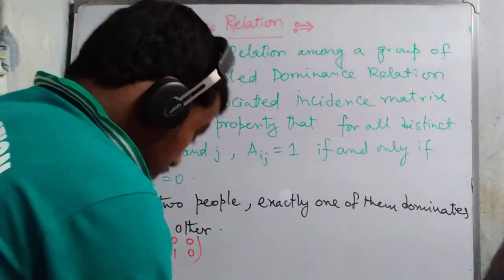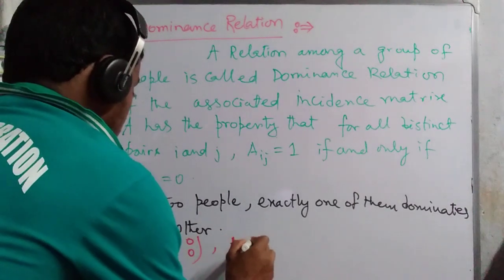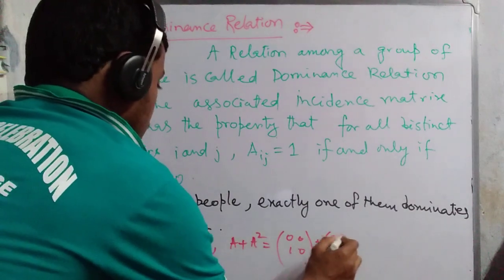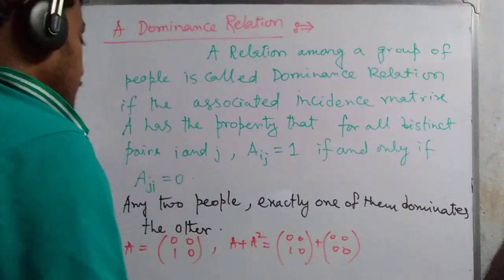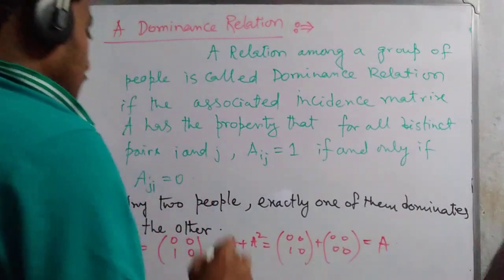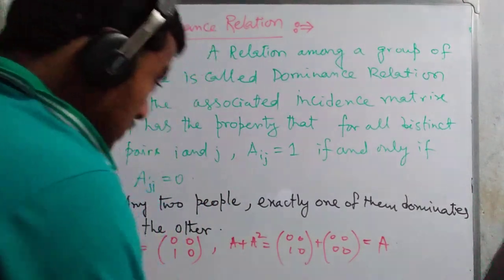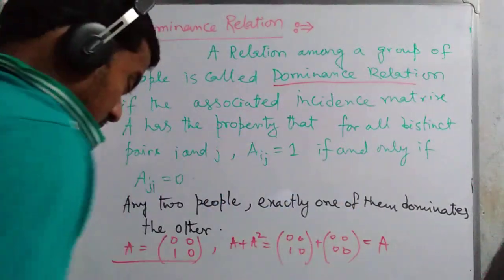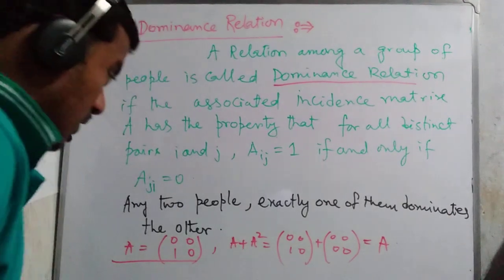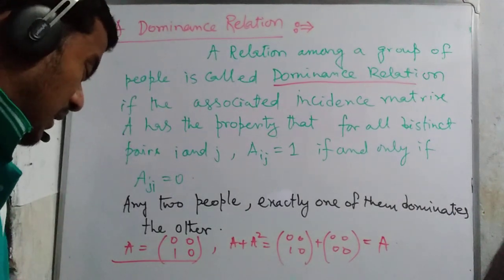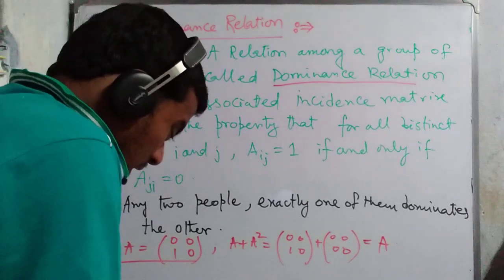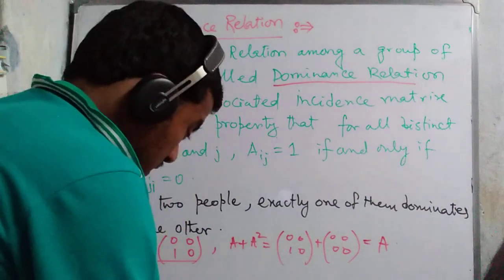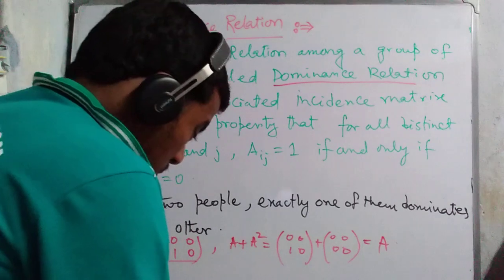Then we check A plus A squared. A equal to 0 1, 0 0, and A squared equal to 0 0, 0 0. Here A squared equal to 0, so A plus A squared equal to A, and obviously this satisfies the dominance relation.